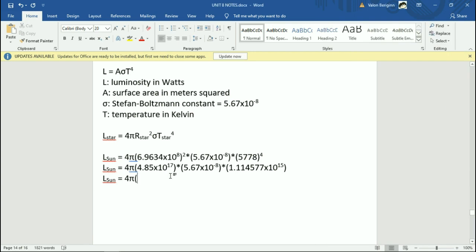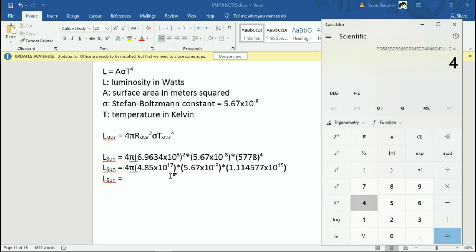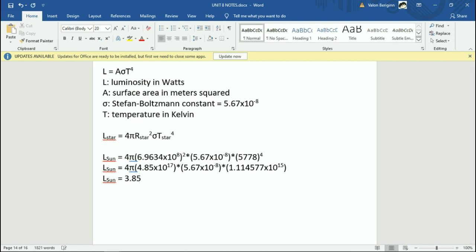So times 4 times pi. Hold on. Yeah, okay. So you get 3.85 times 10 to the 26 watts.